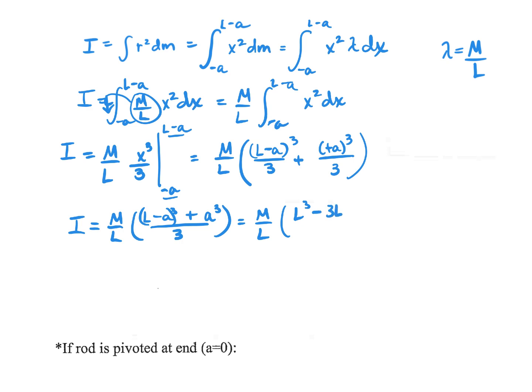Minus 3L squared A, plus 3LA squared, minus A cubed, then plus A cubed, all over 3.